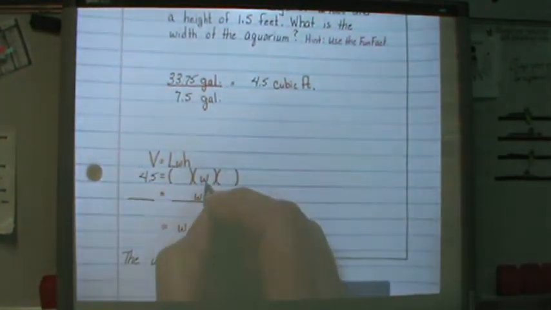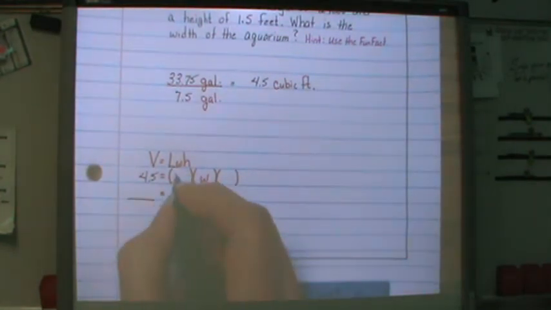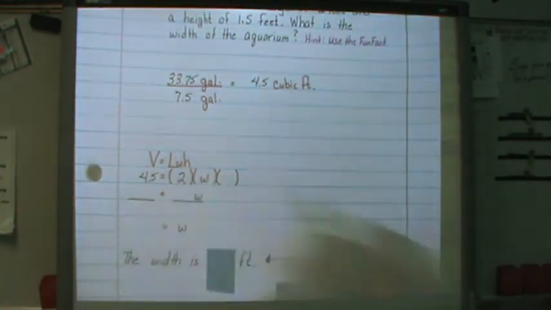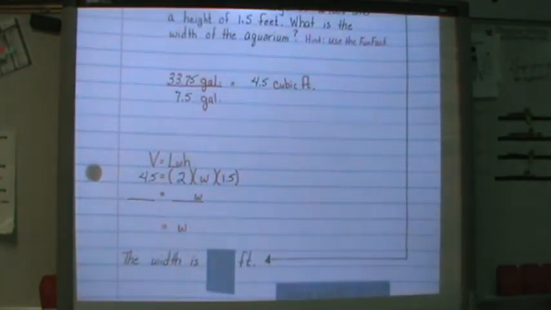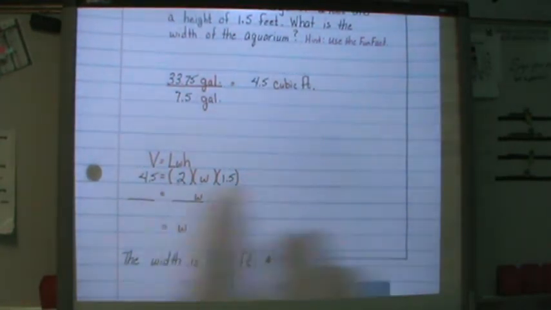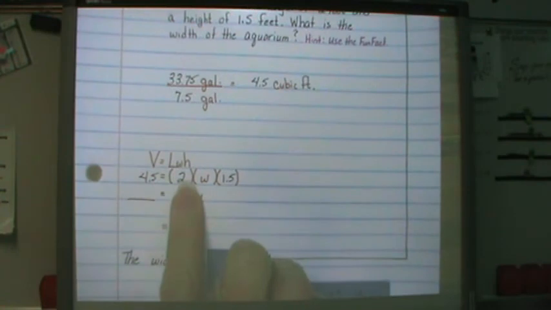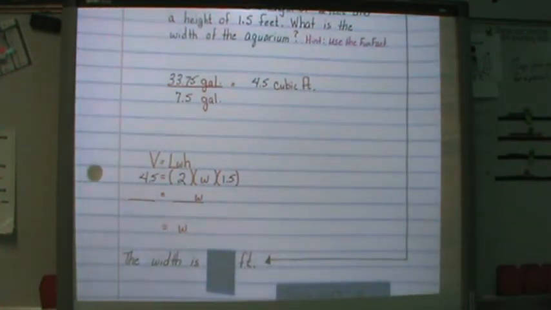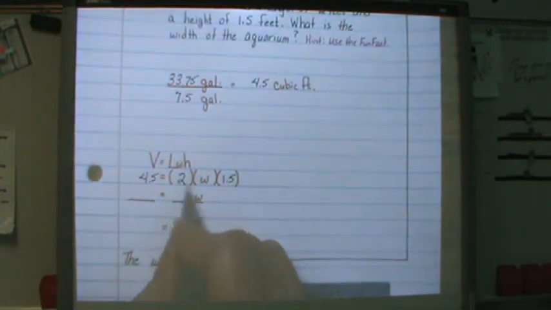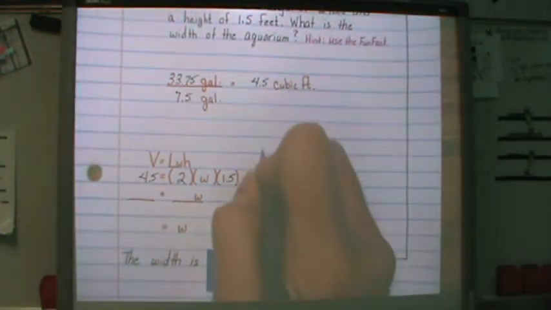The width is what we're looking for, so the length I read in the problem was 2 feet, and the height was 1.5. So we're going to multiply everything we can. We wrote the formula, plugged in our known values. Now we have to solve everything we can. So the only thing I can do is multiply 1.5 times 2.